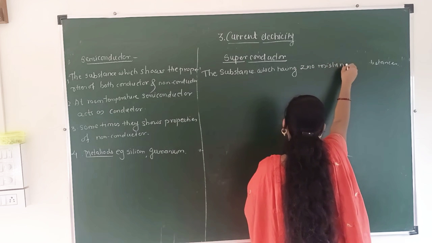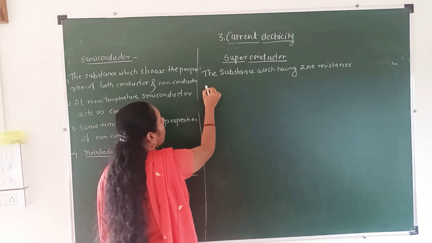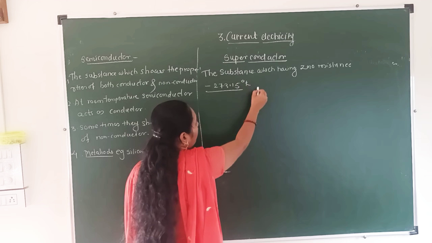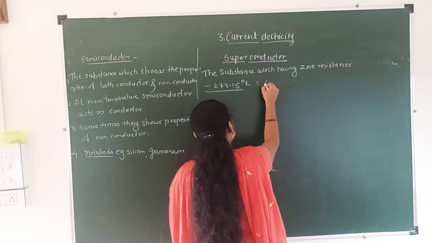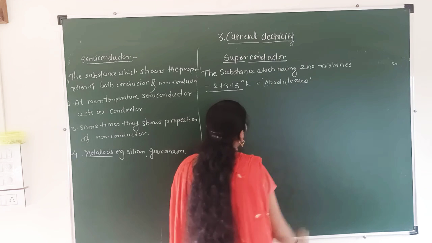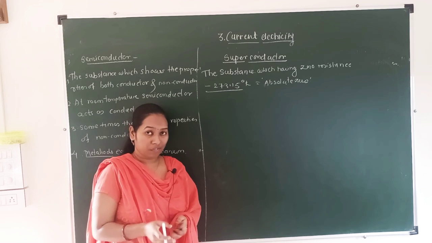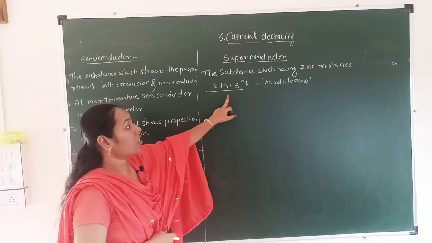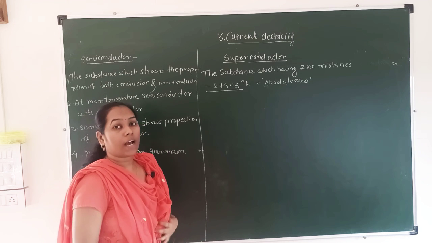At which point does the resistance become 0? There is one temperature, minus 273.15 degrees, known as 0 Kelvin, or absolute zero temperature. At this temperature the substances act as superconductors, meaning their resistance is 0.